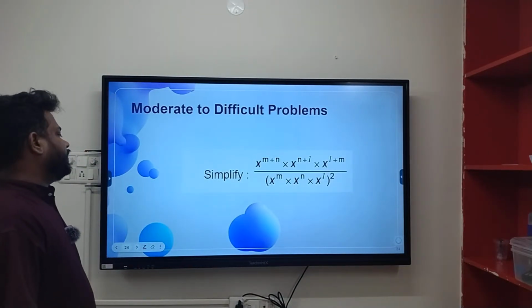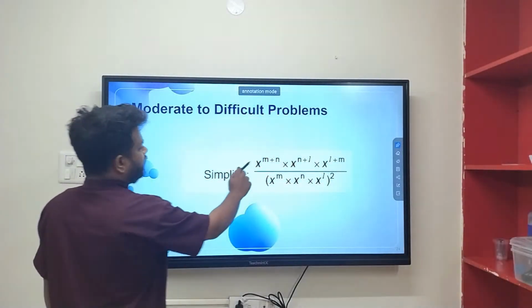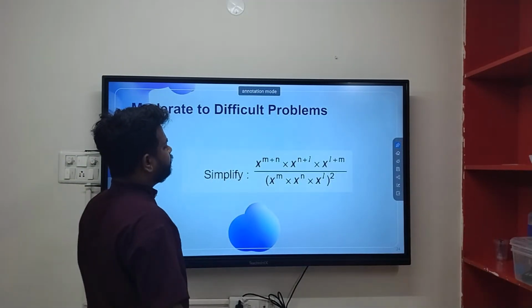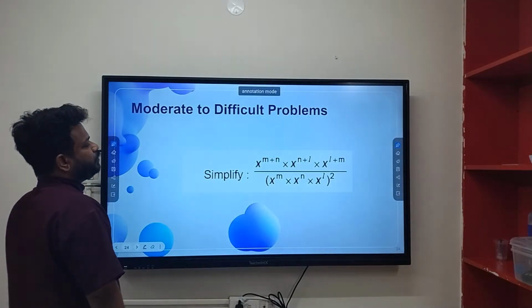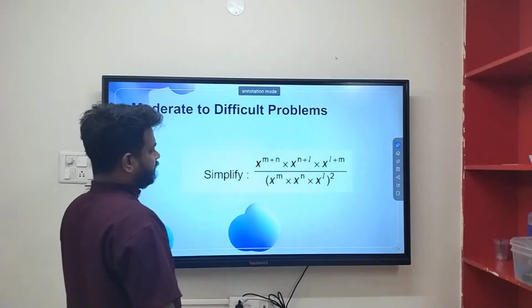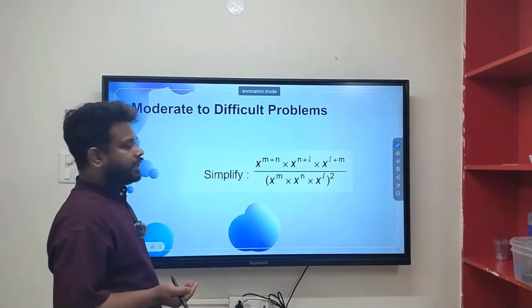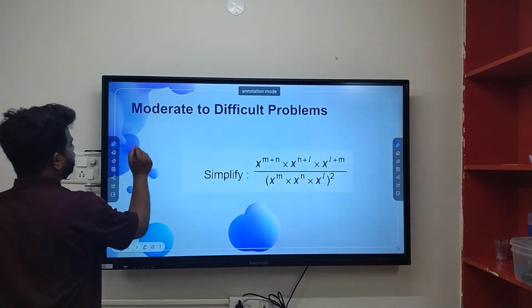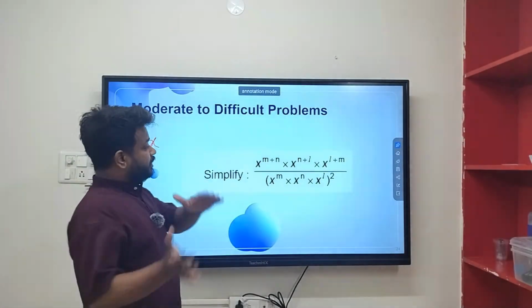Okay, this one is quite an interesting sum. So let's solve this. We have x to the power m plus n into x to the power n plus l into x to the power l plus m, and in the down position we have 3 terms and they are squared. So if we write like this, you guys can do it with me.